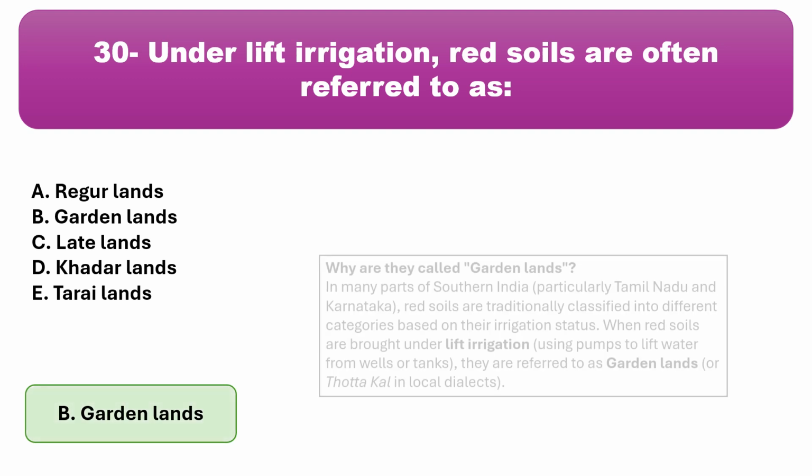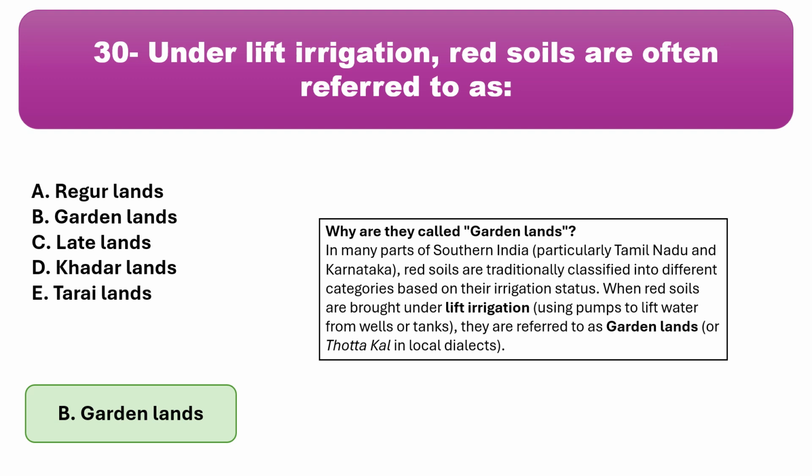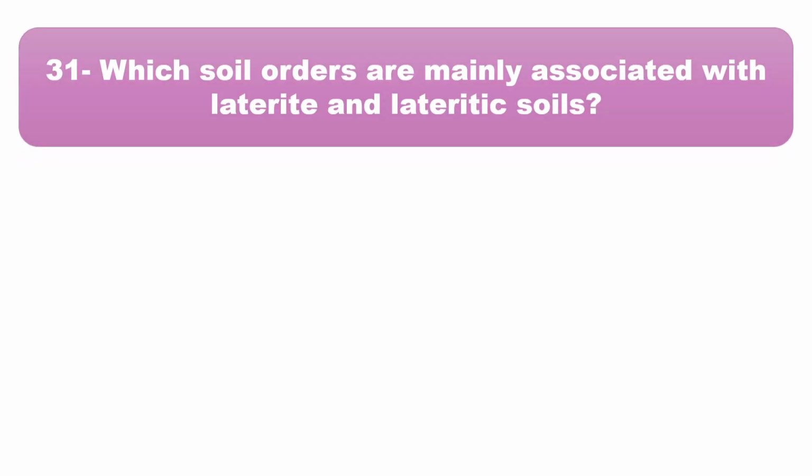Under lift irrigation, the red soils are often called garden lands, and in many parts of southern India, such as Tamil Nadu and Karnataka, the red soils are traditionally classified into different categories based on the irrigation status. For example, in lift irrigation, they are referred to as garden lands, and in local dialects, it is called Thottakal. Next question.